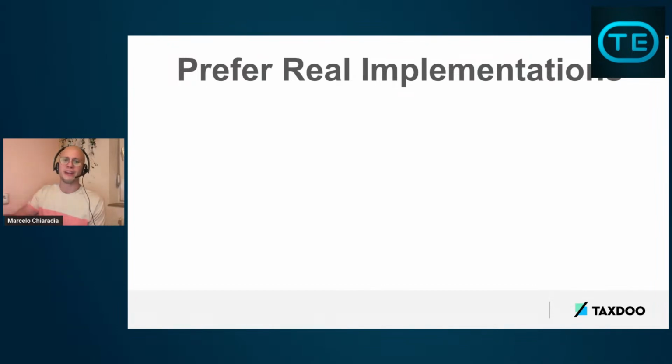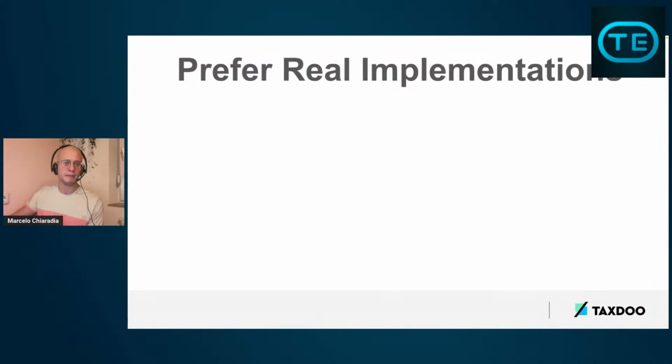Now, there are some trade-offs. Ideally, we would like to use real implementations every time, but given the nature of software and the nature of tools that we use, like databases, external web services, or some complex modules, we can't always use real implementations because they are usually slow, they are non-deterministic, maybe they are not even there yet.